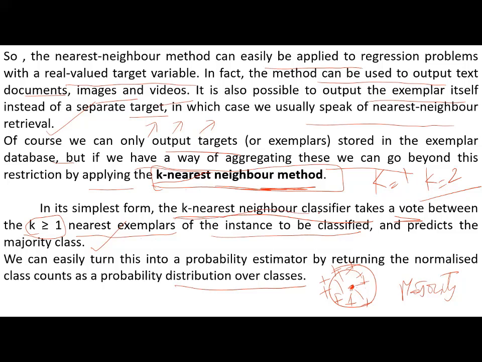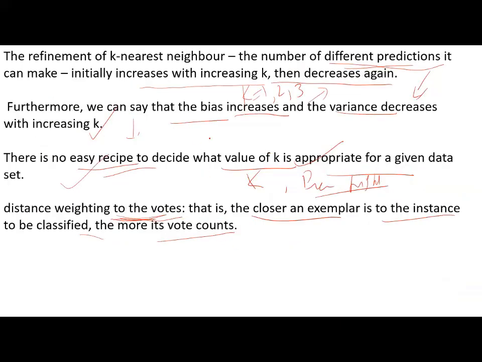The k nearest neighbor classifier takes a vote between the k, greater than or equal to 1, nearest examples of the instance to be classified. Now, how do we determine k? K can be 1, 2, 3, 4, 5, something like this.